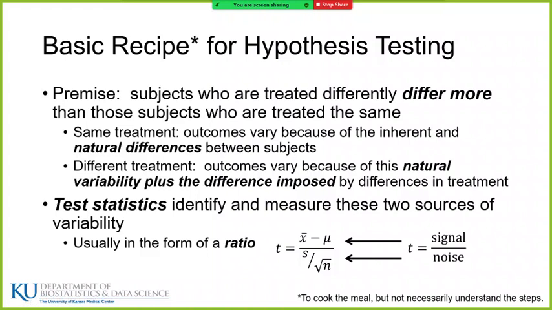Those natural differences are still a source of variation in their outcomes, but they also have that additional source, and that is the difference imposed by differences in treatment.